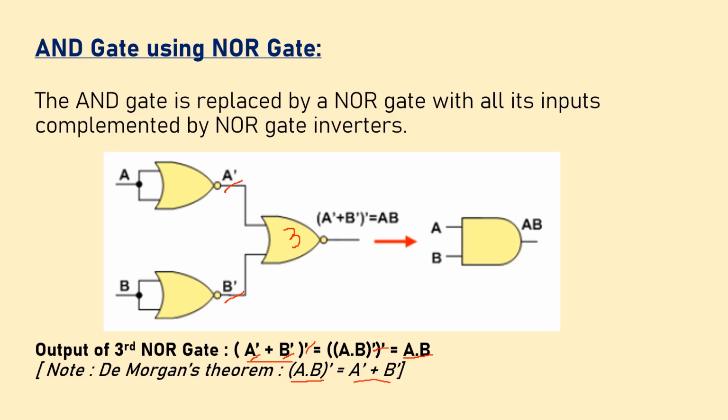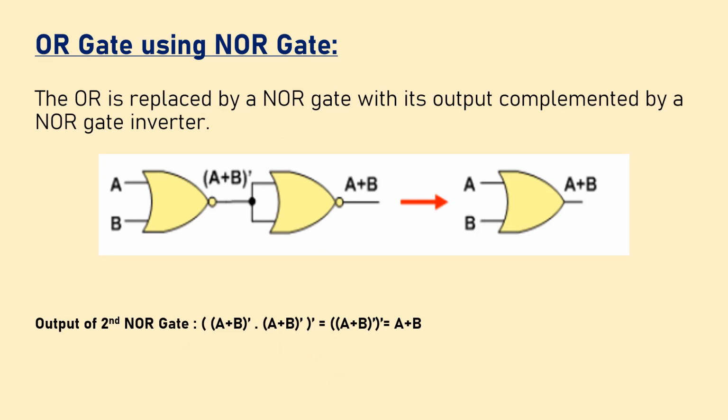Now, finally, we have to prove implementing the operation of the OR gate using the NOR gate. Again, we require two NOR gates to implement the operation of the OR gate.